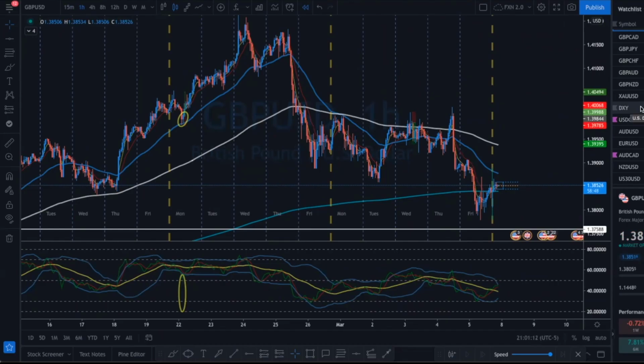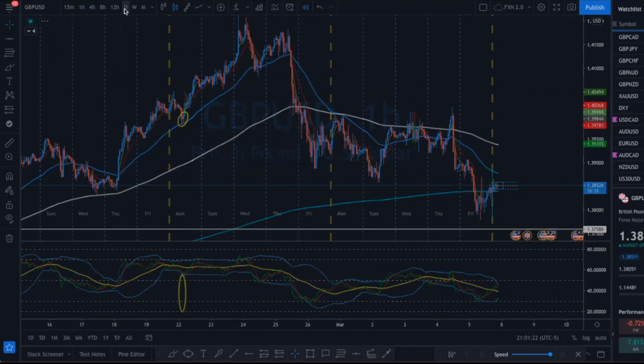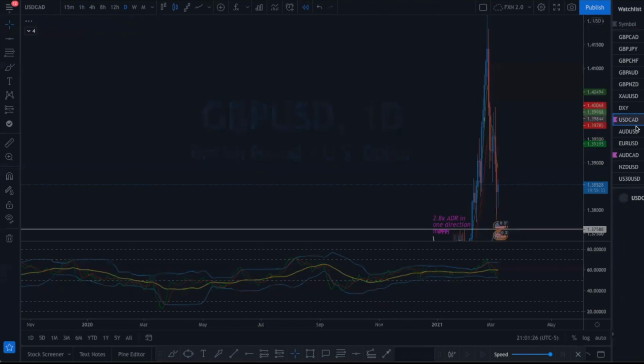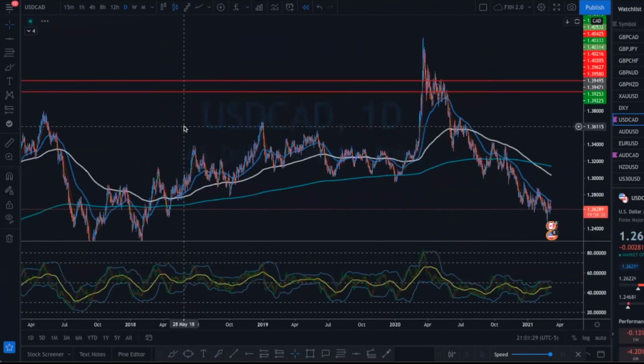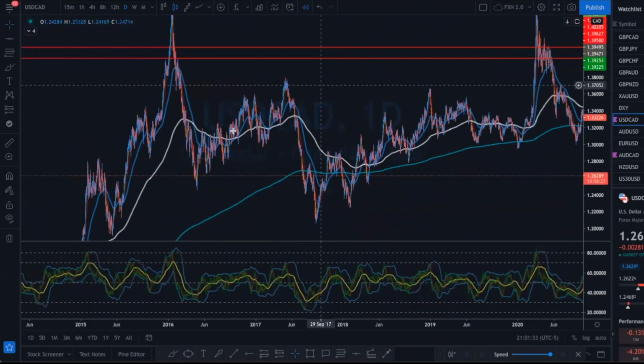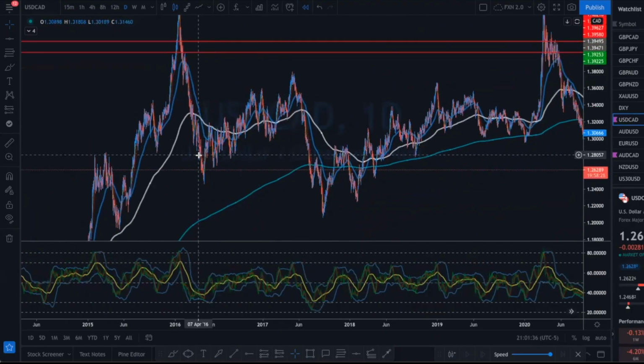No, if you go up to the higher time frames, then you're really not using the ADR, because one level could be like 3,000 pips or something like that. If you go to USD CAD, for example, this whole thing is one level, and it took a year and a half.